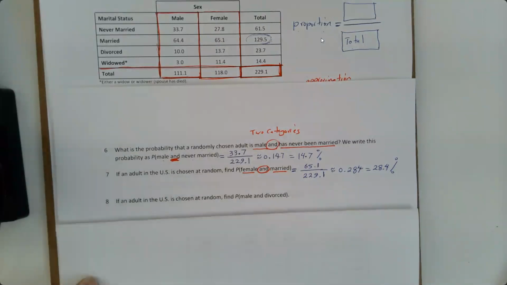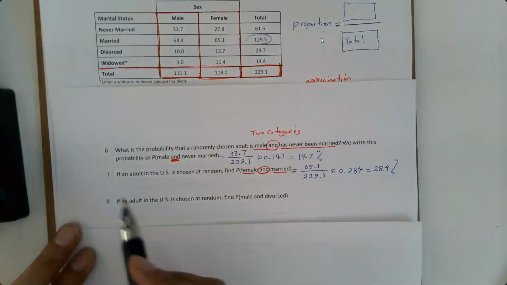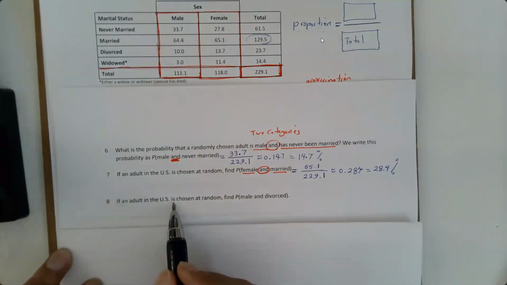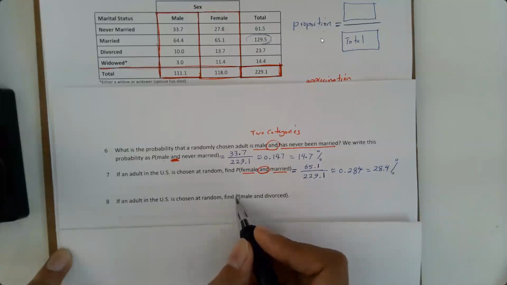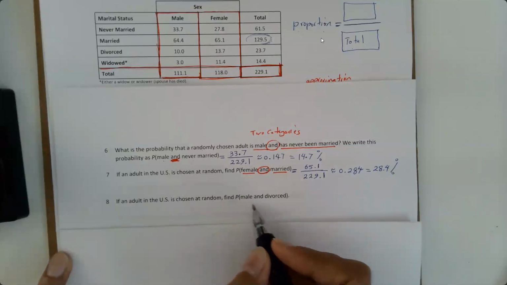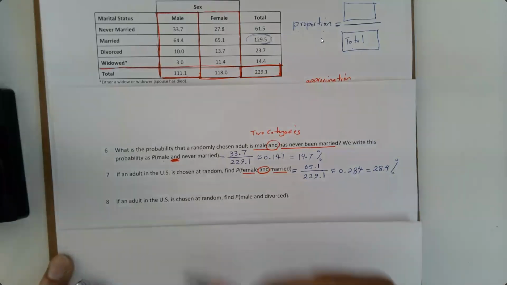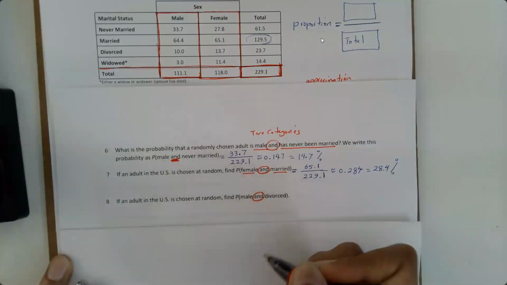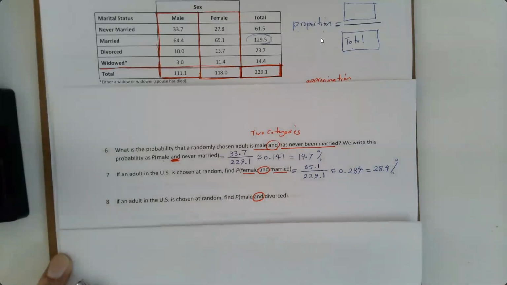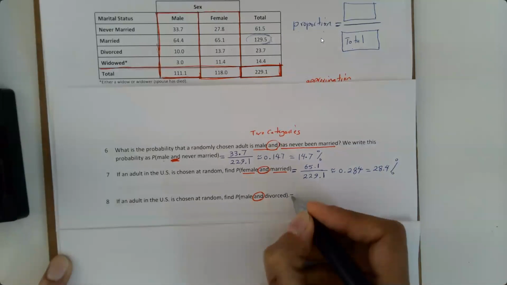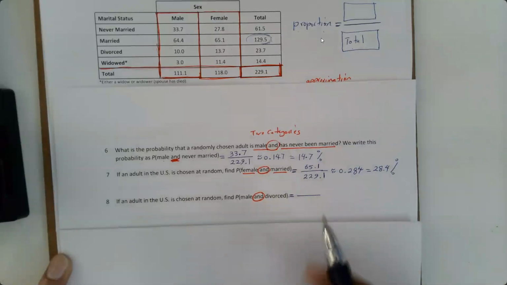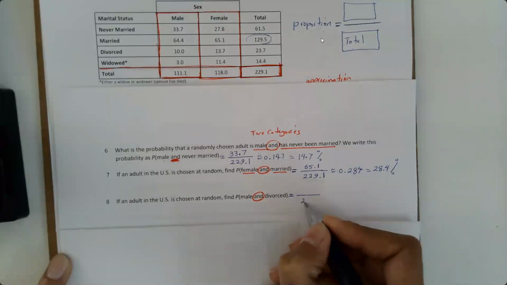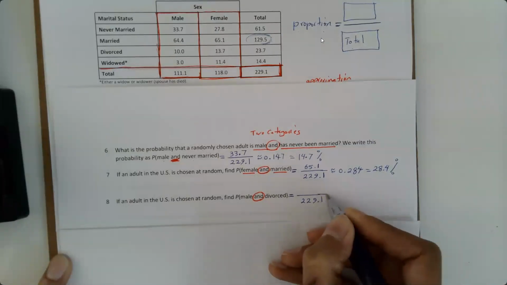And finally, if an adult in the US is chosen at random in the US population, find the probability that that person is male and divorced. The connector, the keyword, and, tells us we have a joint probability. What goes on the numerator, what goes on the denominator? The denominator is going to be the same, 229.1.